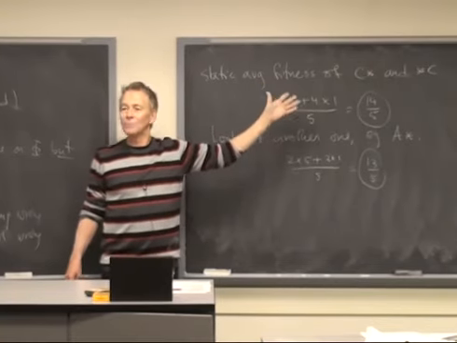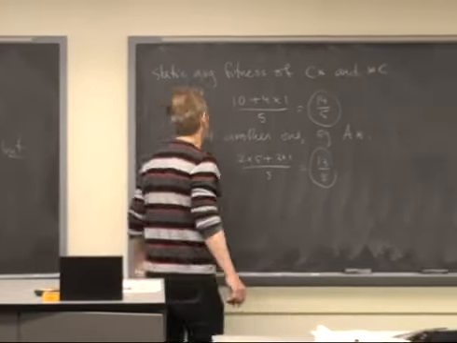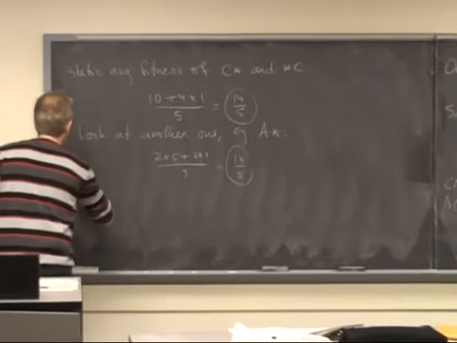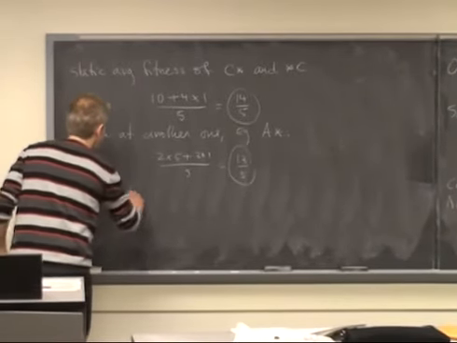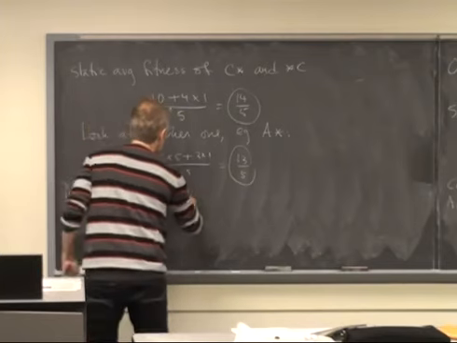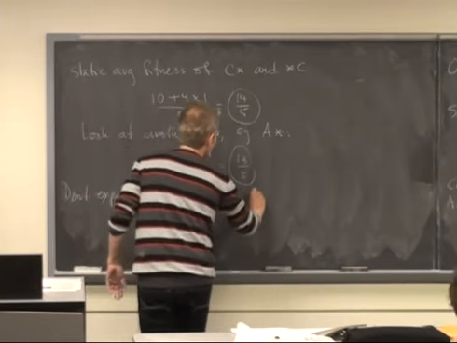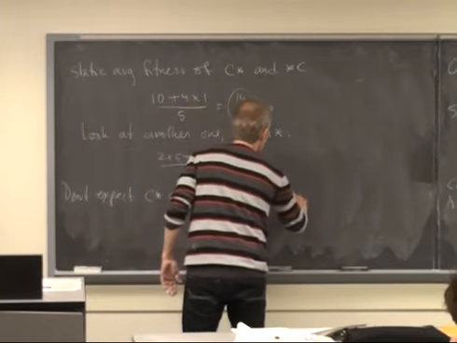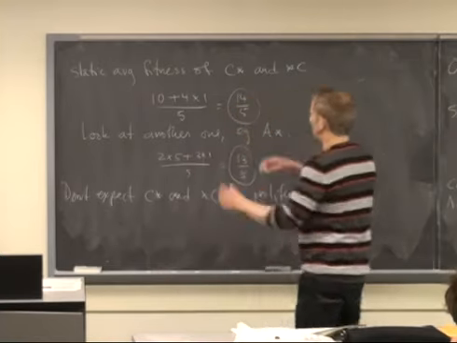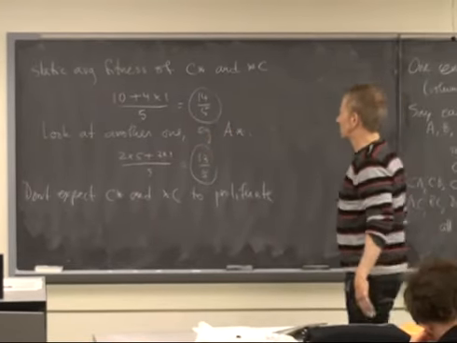See, but there's no reason based on this comparison to expect C star and star C to proliferate. So schemas, you don't expect C star and star C to proliferate because they don't have comparably much higher fitness than other schemas.